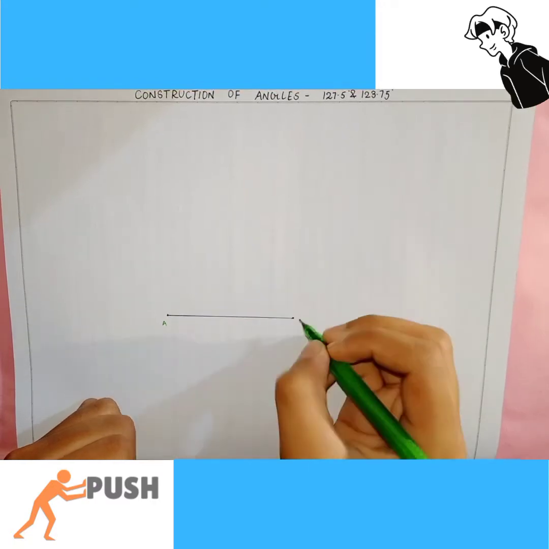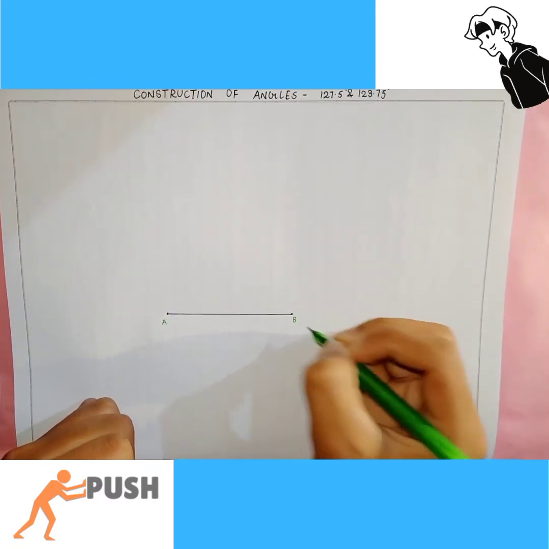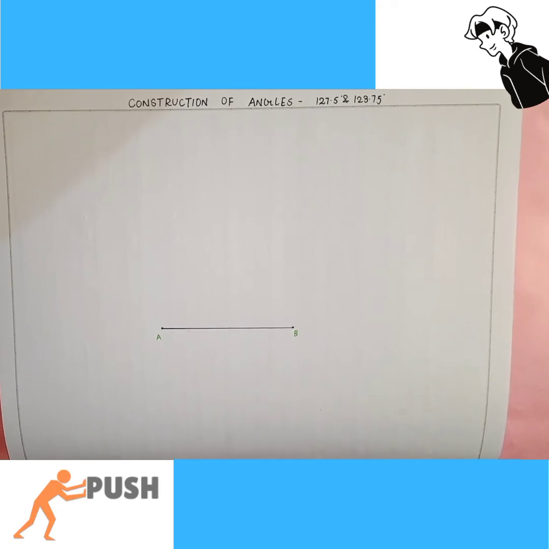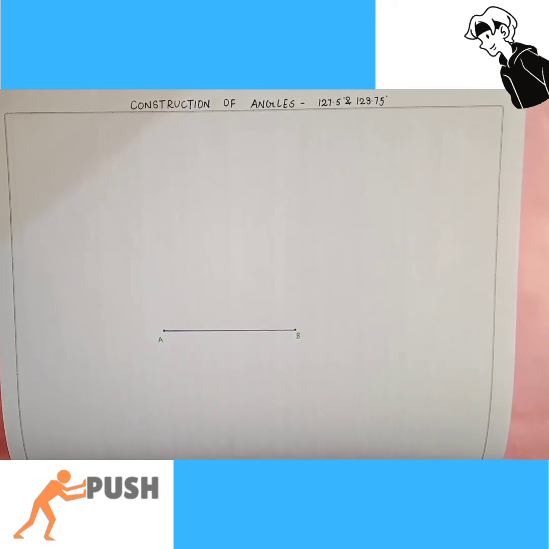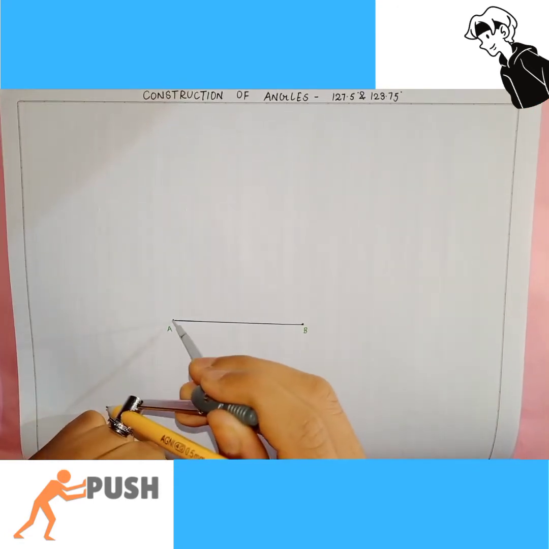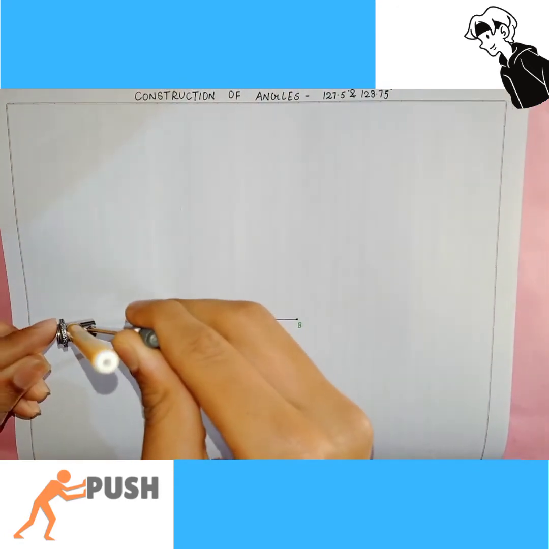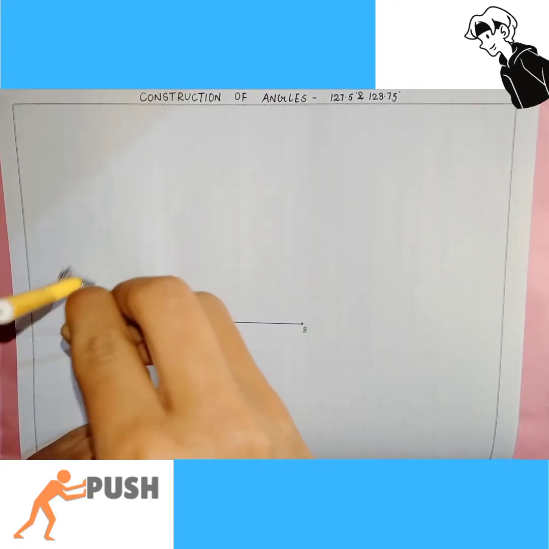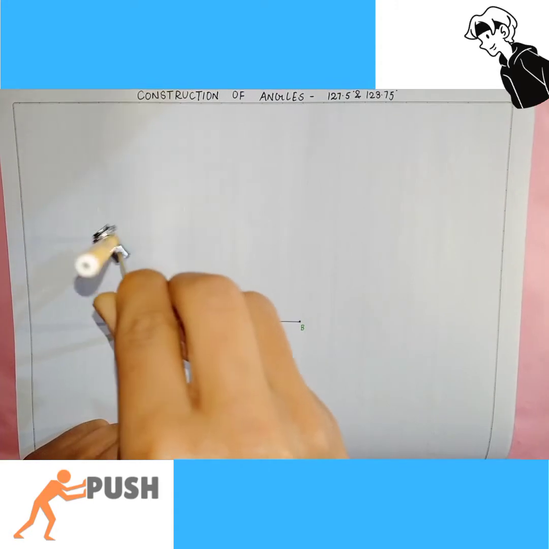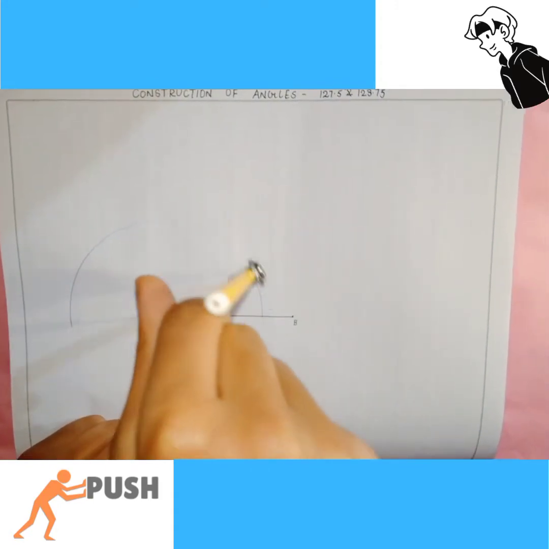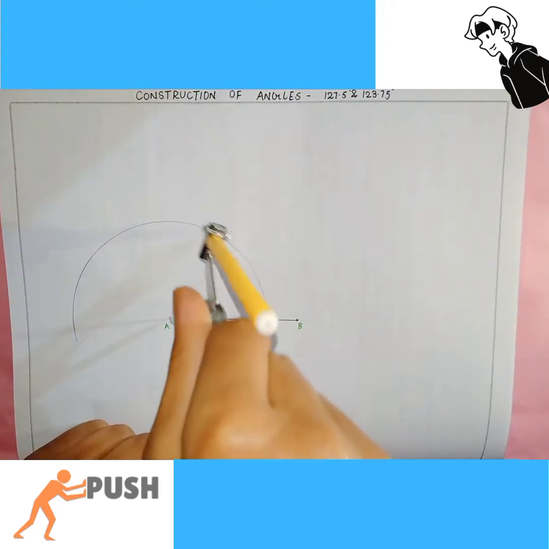So A and B. Now we'll take the compass and put the point of the compass on point A and draw a semicircle. People even regard it as arc. It's quite big, but no problem.